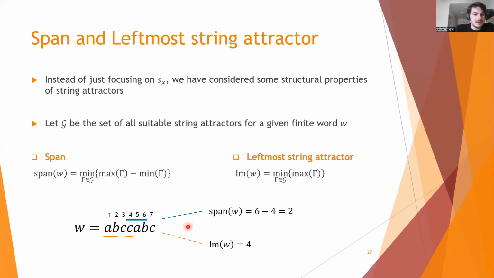On the other hand, we have that this other string attractor consisting of positions 1, 2, and 4 is one that represents a leftmost string attractor. So the leftmost of W is 4.